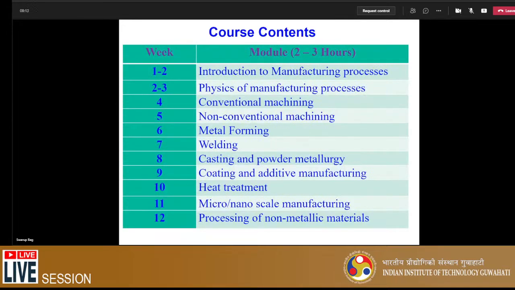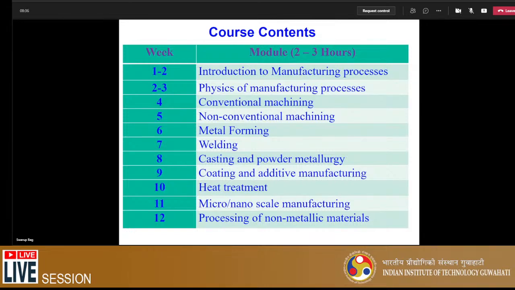Here you can see the course content. The first module is the introduction to manufacturing process, then physics of manufacturing processes, and conventional machining. These are the 3 things I hope we have covered so far in this course.